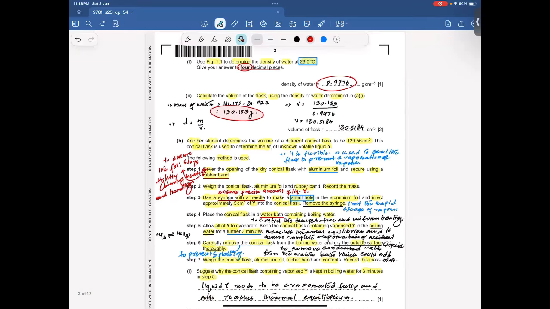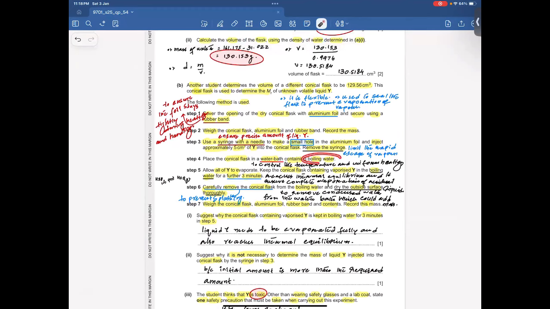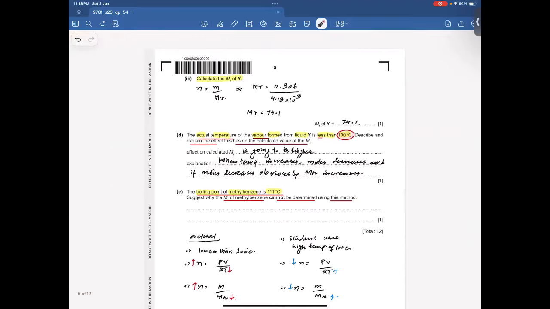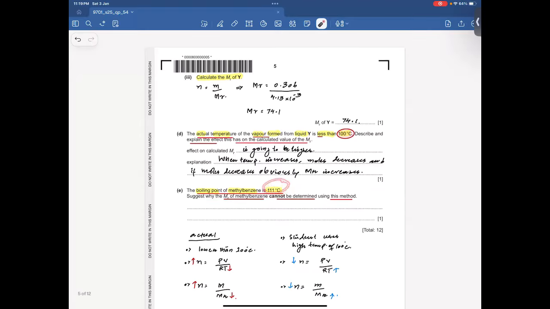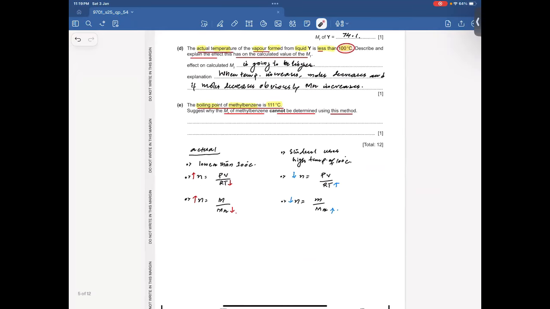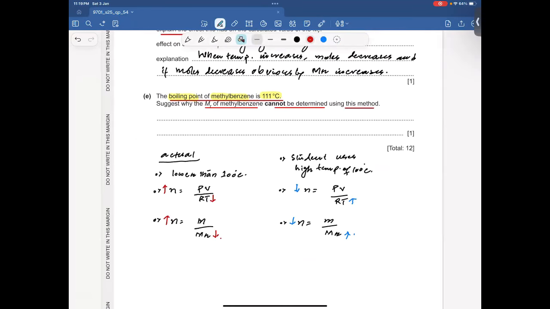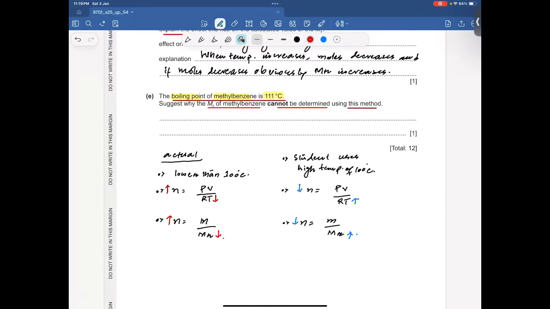Oh, so we were using boiling water in the experiment, and boiling water has a temperature of 100 degrees Celsius. So if I use methyl benzene, obviously its boiling point is greater than the boiling point of water. So obviously, it's not going to fully vaporize during the experiment. Methyl benzene.